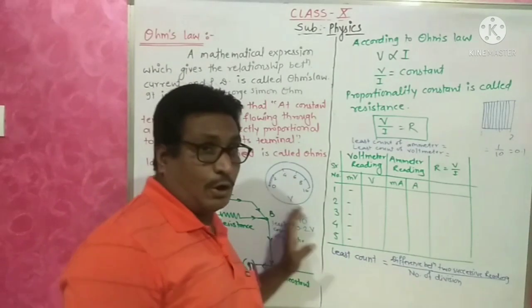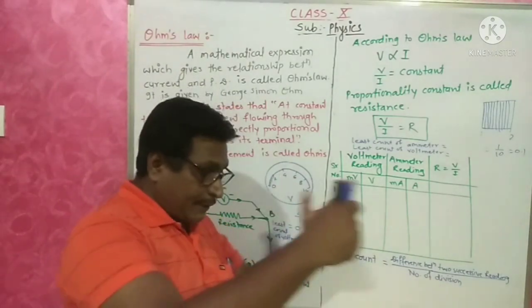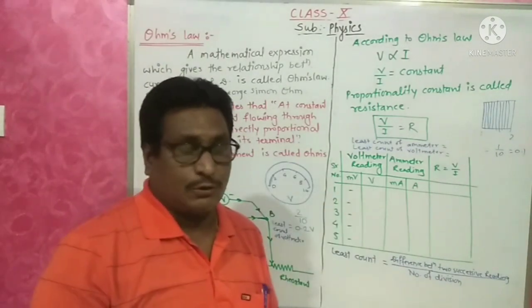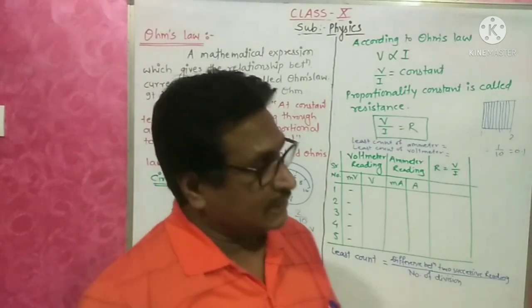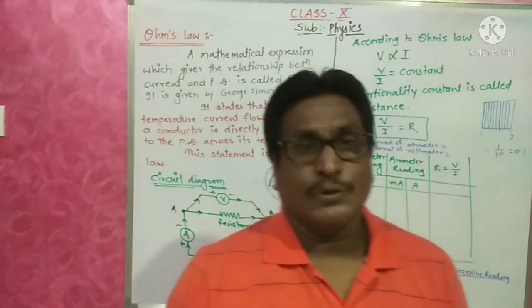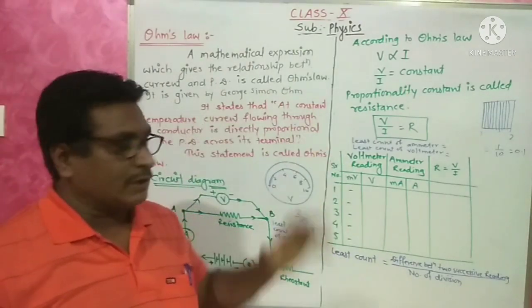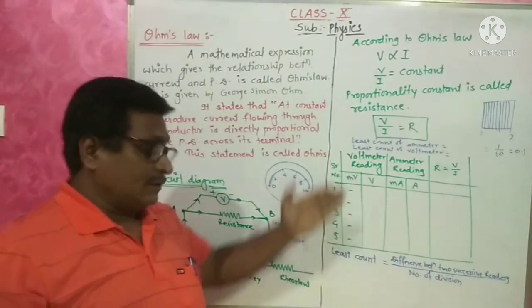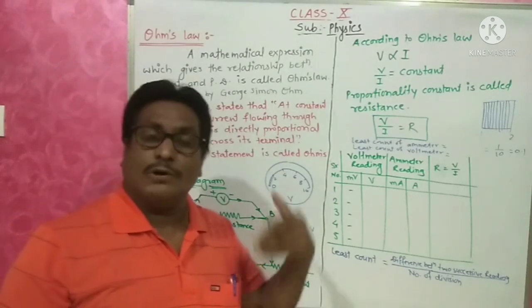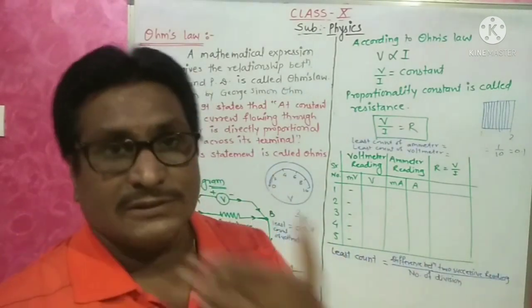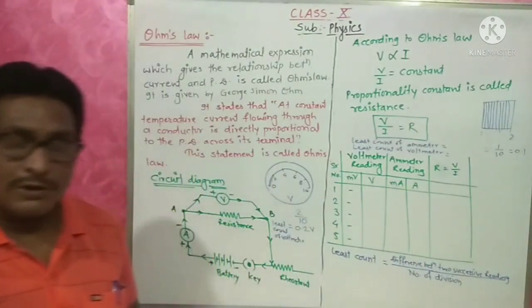And if the pointer is not on the 0, before 0 or after 0, in that case zero error is there. So inform the teachers. The teacher will remove the zero error, or with plus and minus we will find out the zero error. Okay students?